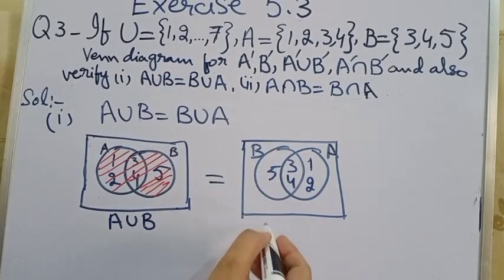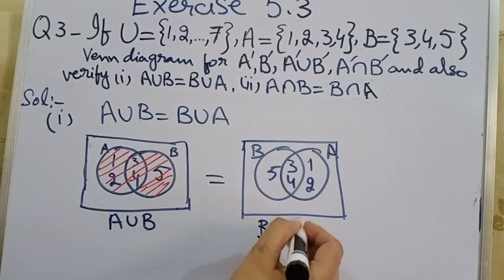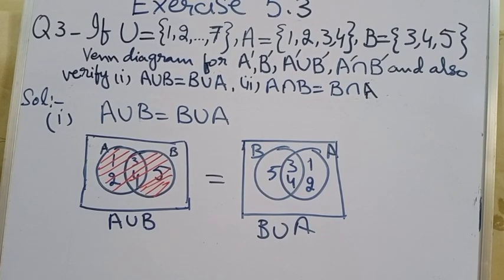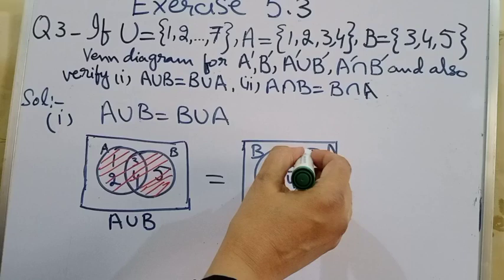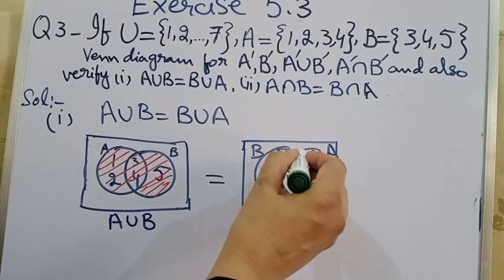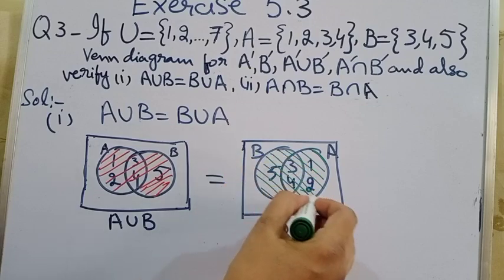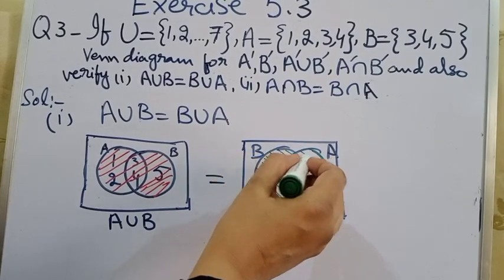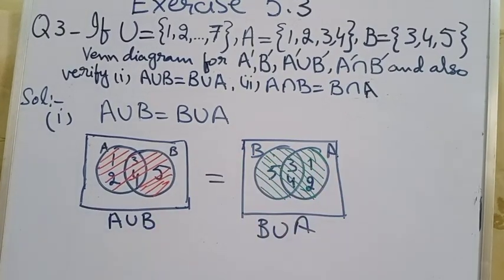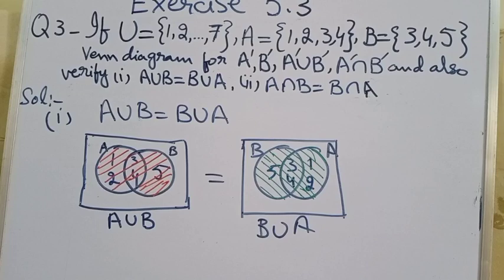We observe that B union A makes no change by interchanging their places. Their elements are the same and their union contains all elements.